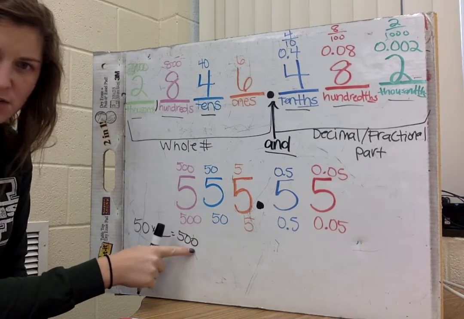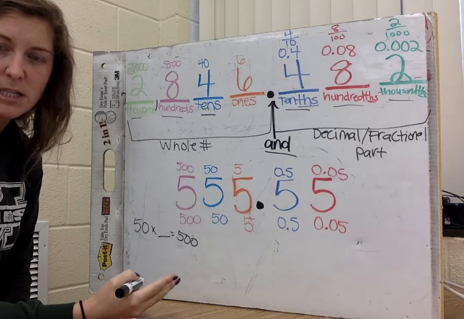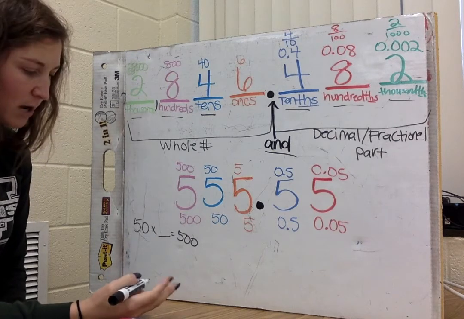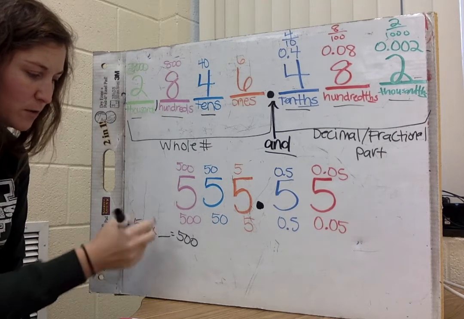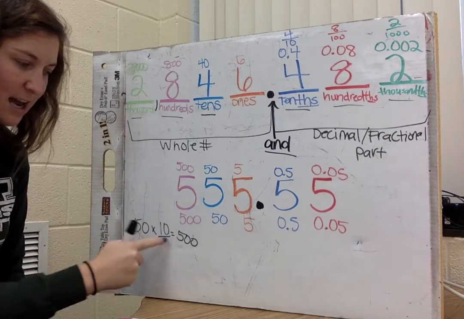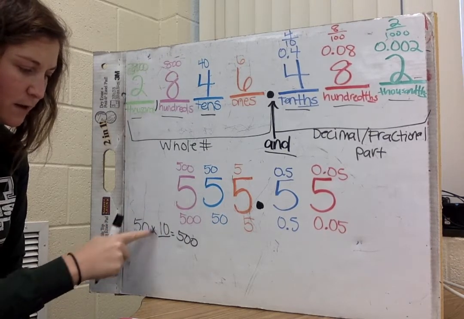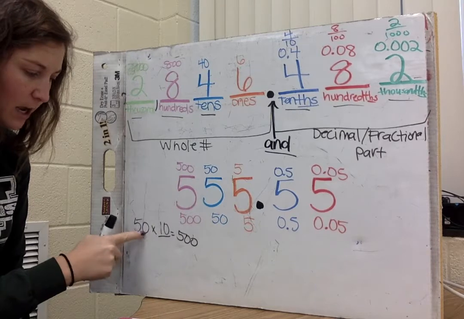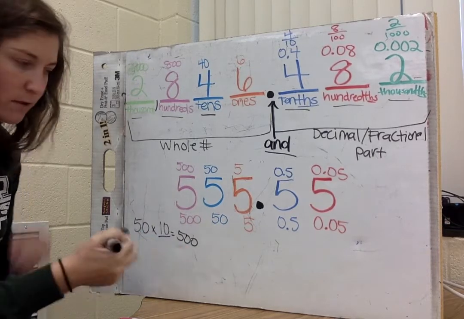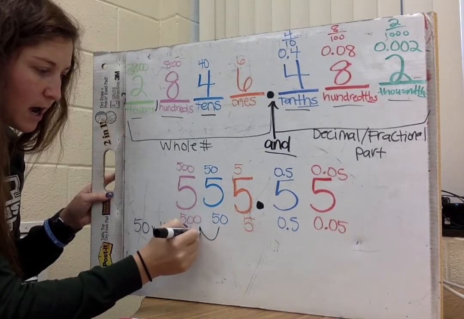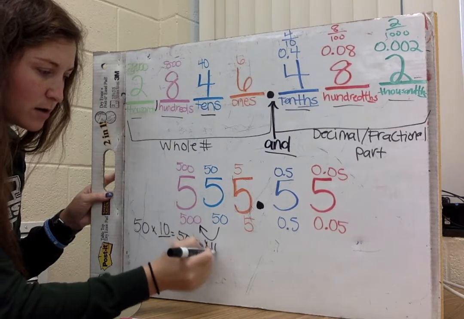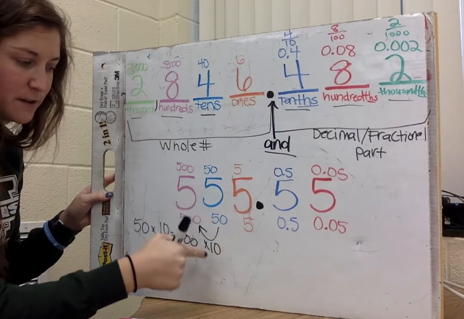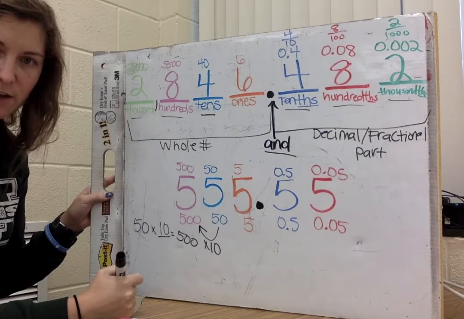But I have that extra 0, so I know I have to multiply by something with a 0. And if I multiply 50 times 10, I would get to 500. I know 5 times 1 is 5, and then I have 2 zeros, so that would give me 500. So I know that I can multiply 50 times 10 in order to get 500.